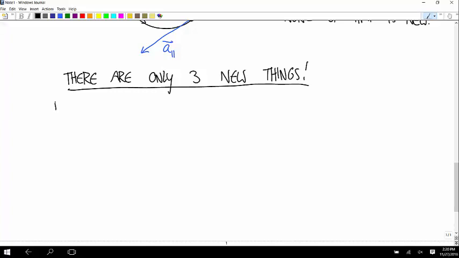The first one, okay, 3 things isn't very much, right? There's not very much new. The first 2 things are just new names. It's not even new concepts. So this is going great so far.